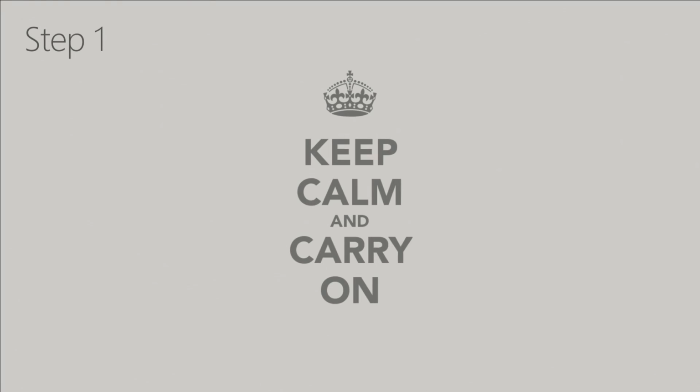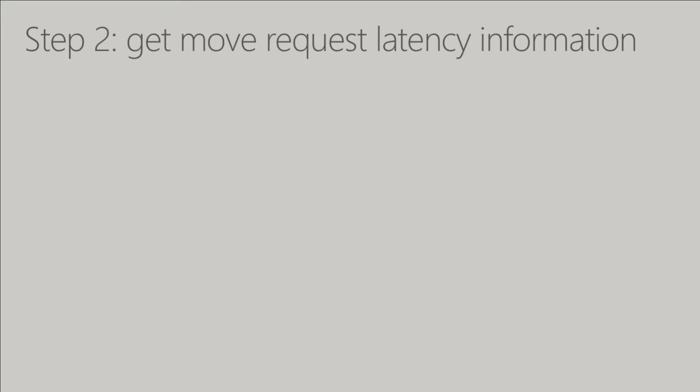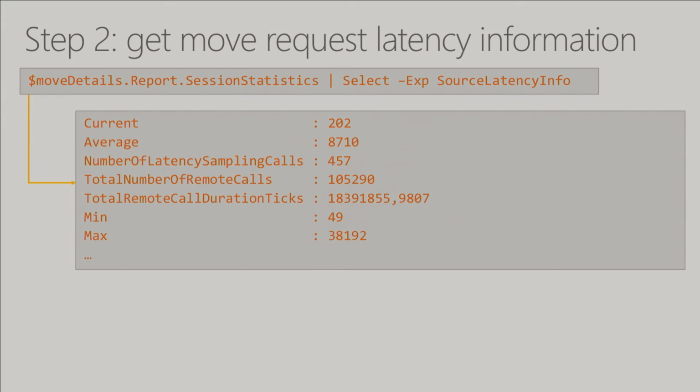How do you troubleshoot a slow mailbox move? Well, first of all, don't panic. It's OK. We can solve this problem. Then get from that move details that we had earlier, get the session statistics or the move request statistics, and then take a look at the session statistics of that move request. You'll get a bit of information about the actual speed or the actual latency.